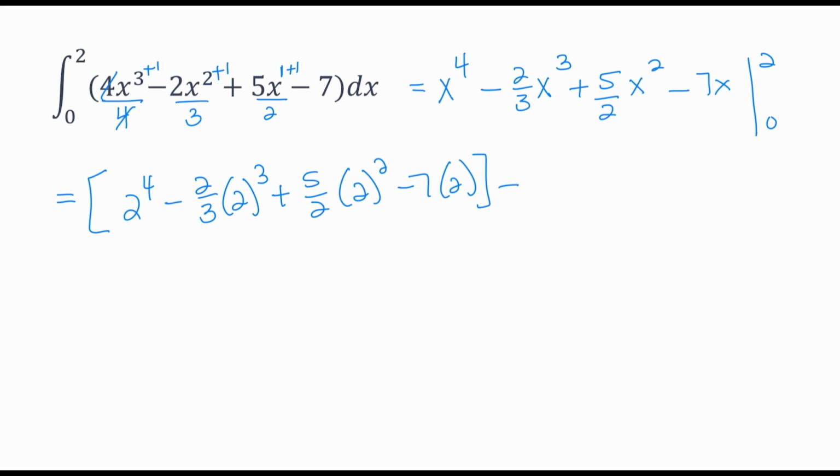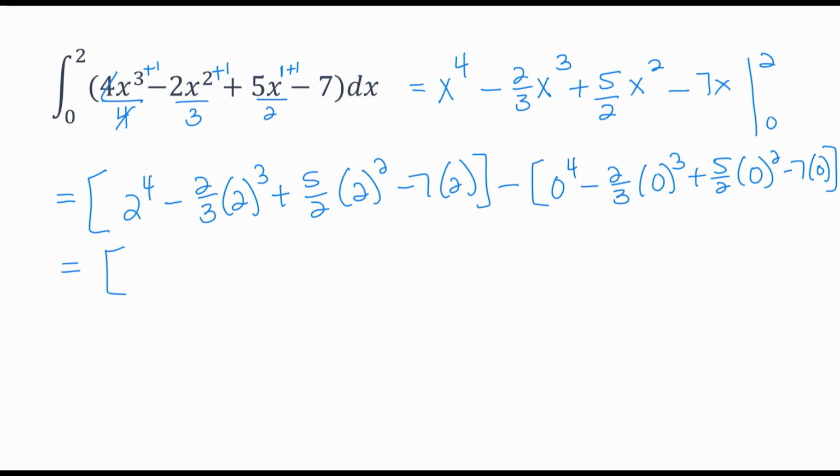Because my lower bound is 0, I have an x everywhere. I have a feeling that all of that is just going to give me 0. 0 to the fourth power minus 2/3 times 0 to the third plus 5/2 times 0 squared minus 7 times 0.